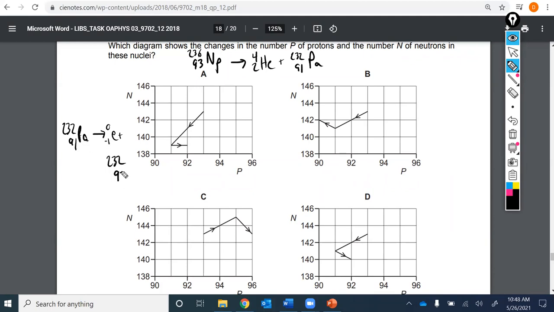That's going to be 92, right? 92 minus 1 would be 91. So on the right side of this equation, the protactinium has increased its proton number. It's gone up by a proton. This is an example of beta minus decay, where a neutron transmutes to a proton, a down quark flips to an up quark. So think about it in terms of quarks. 92, that is uranium. So we end up with uranium-232, an isotope of uranium.